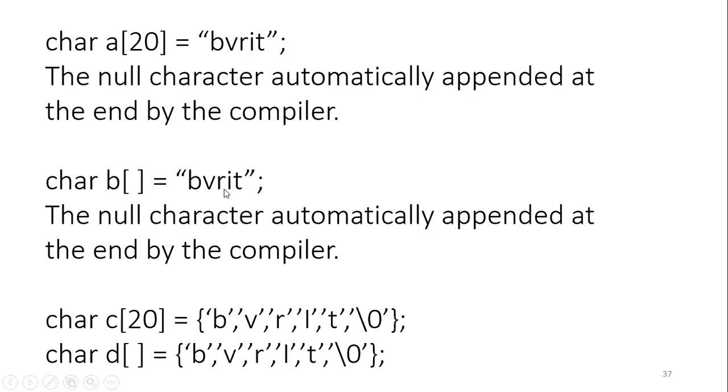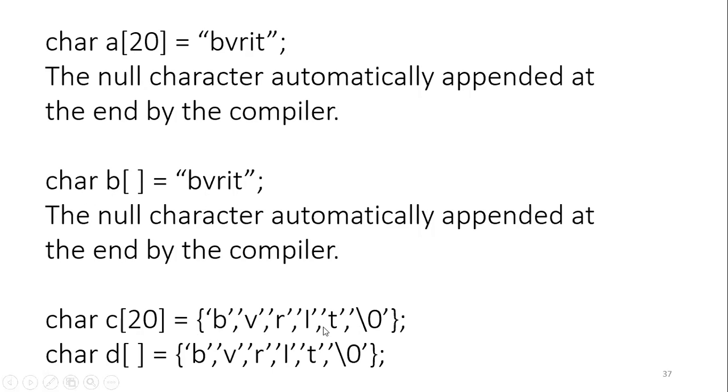This is another way of initialization. We can initialize the array at the time of declaration of the string variable in this format. Here I am giving it in character form. b is one character, v is one character, r is one character, i is one character, t is one character.